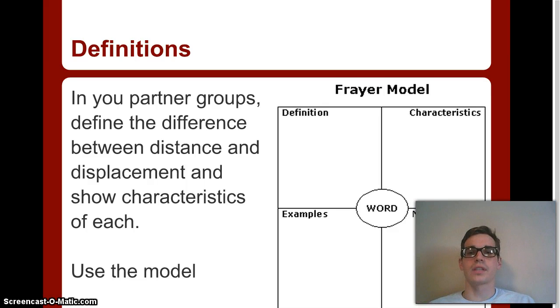Yeah, the grocery store example works again. You could go a number of different paths to the grocery store, but the grocery store is only going to be a certain change in position from your house. So no matter which route you take, it's always going to be the same displacement. Very good.